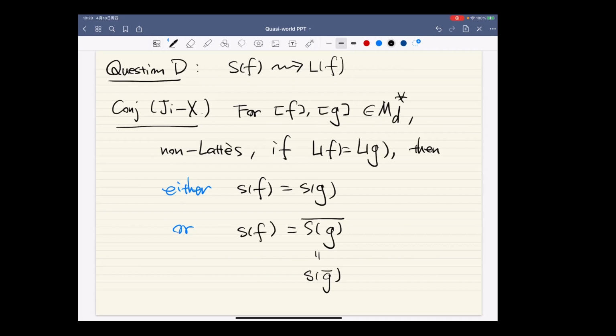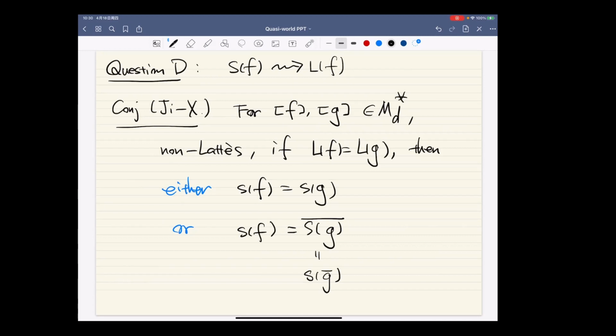Our conjecture is like this: for F and G in the moduli space, assume that F and G are not Lattès. Then if F and G have the same length spectrum, then either they have the same multiplier spectrum, meaning that S_F equals S_G, or the multiplier spectra of F and G are complex conjugate.